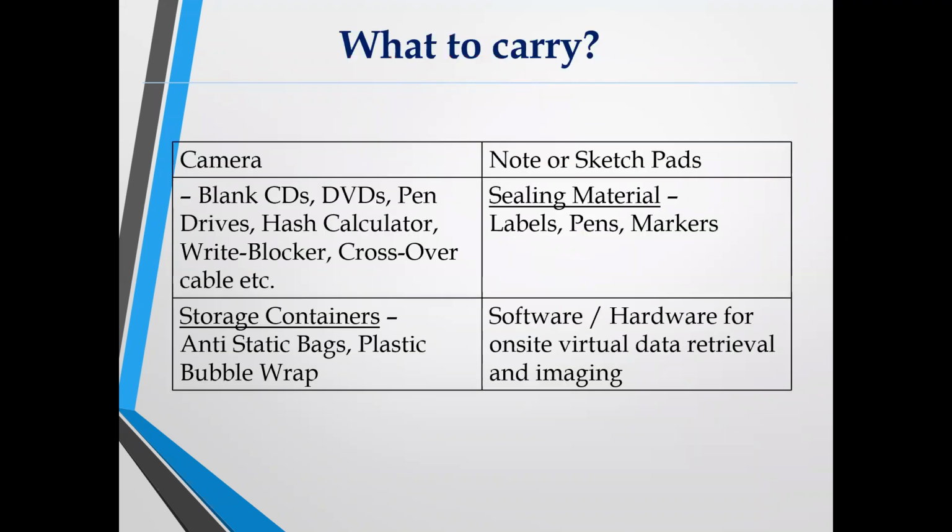These are places where we'll always ask you to name or list at least 5 or 10 items of hardware that you can take for your forensic investigation. You should be able to know. Blank hard drives, blank CDs, DVDs, USBs, hash calculators. This is software.